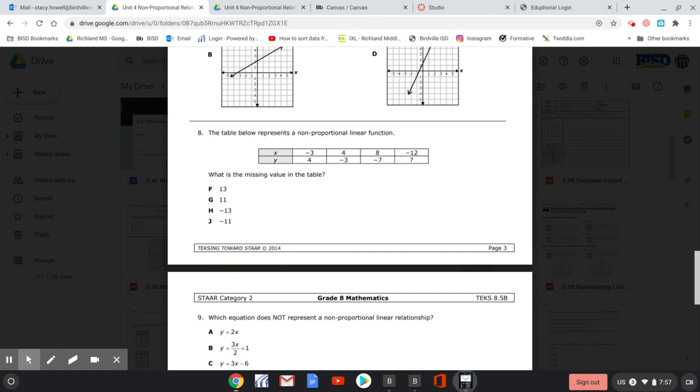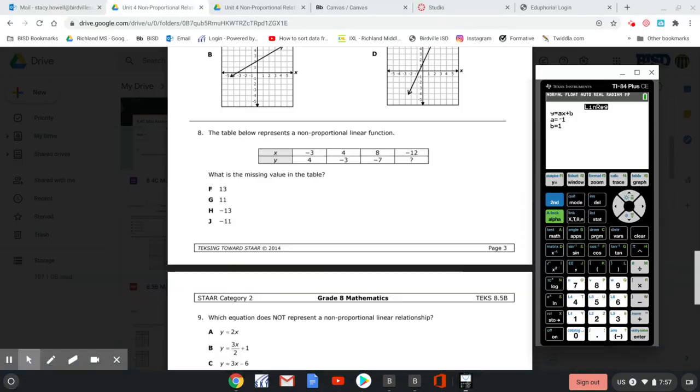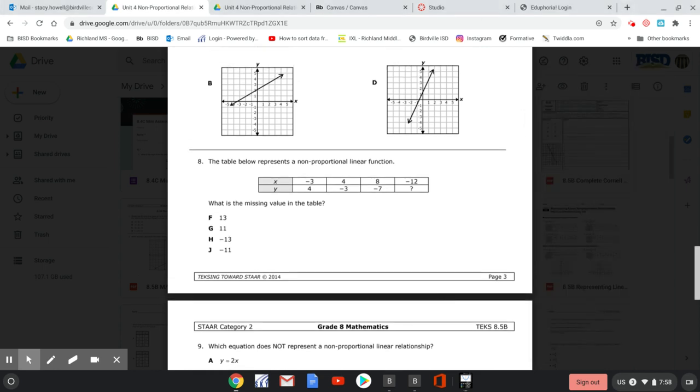So let me get the calculator back up. There it is. So we know our slope is -1 and our y-intercept is 1. So if we wrote the equation y equals mx plus b, and we know our slope is -1, and we know our y-intercept is 1, we can now put that in y equals, and we're going to get -x plus 1.